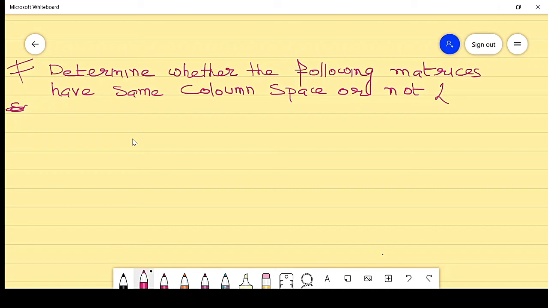So same column space. So we will reduce it in the row reduced echelon form. Then we will check whether they have the same column space or not. Now, similarly, row space and column space. So remember that if the row space of any two matrices are same, then column space is also same.